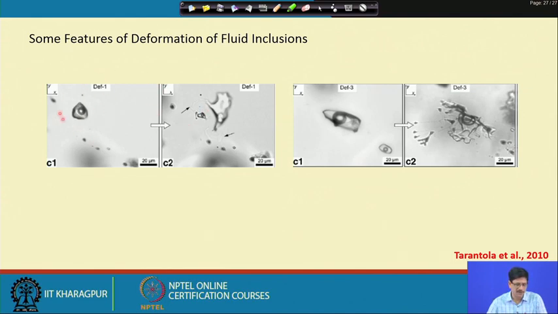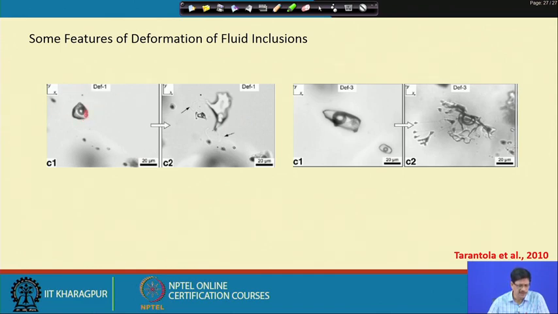In this kind of experiment there is always a limitation, because to get back the exact same inclusion on which the earlier data were taken, or the inclusions which were earlier studied, and again after the cylindrical cores were cut from such a sample and subjected to the experimental conditions, and then studying them under the microscope again definitely involves a little bit of uncertainty, but those uncertainties notwithstanding, the results of such experimental work definitely give us very important and useful insights to the study of fluid inclusions in general.